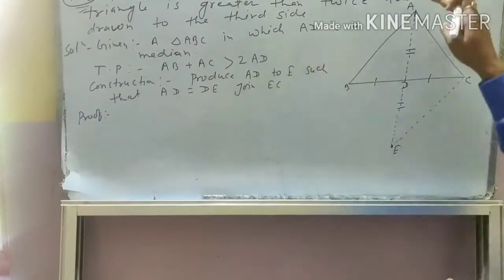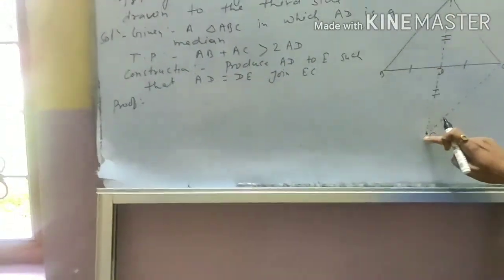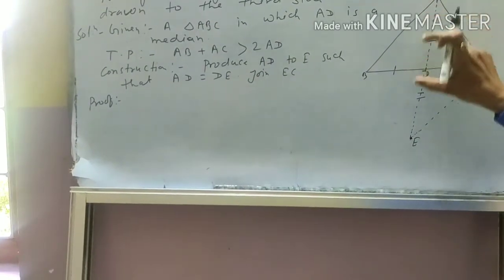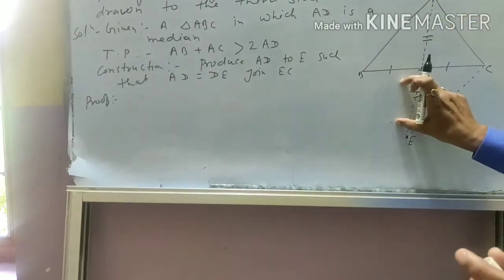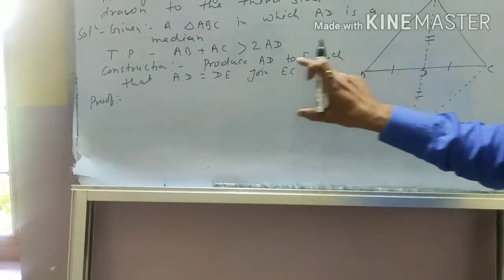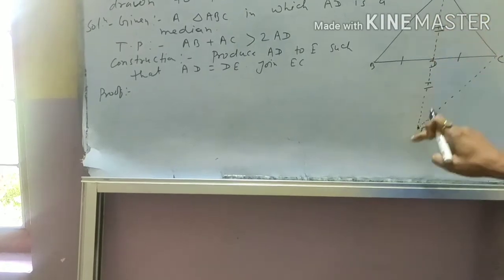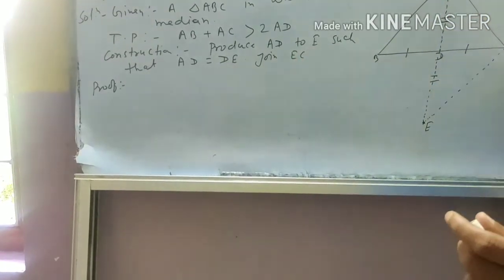Construction: produce AD to point E such that AD is equal to DE by construction. Join EC.